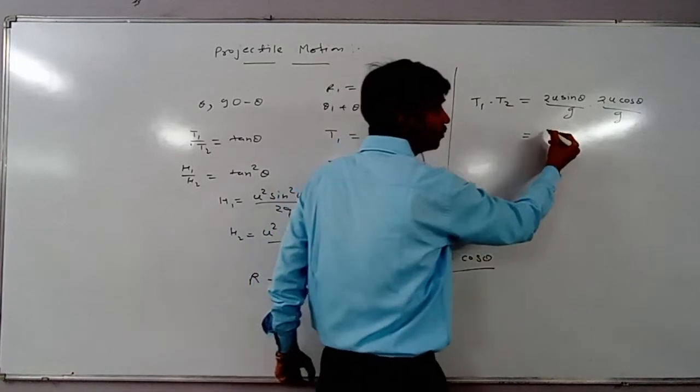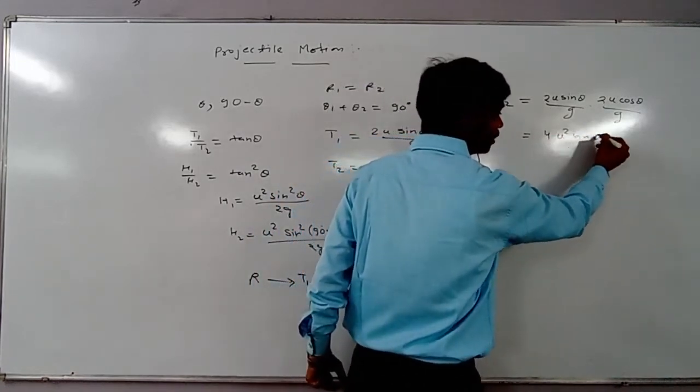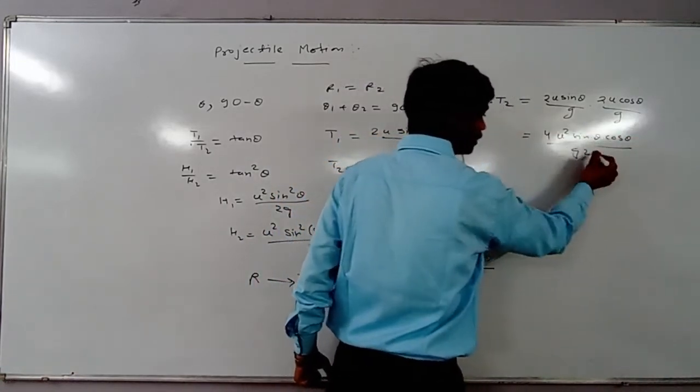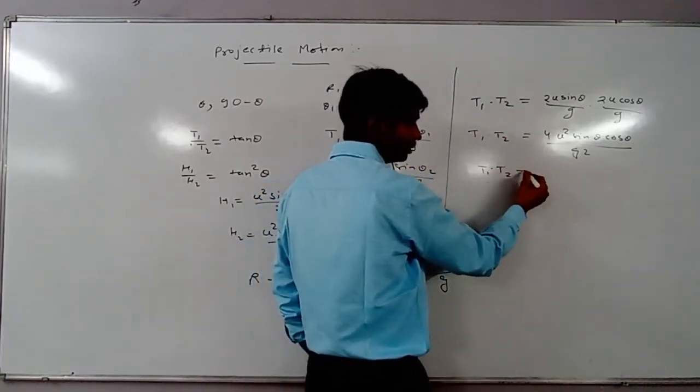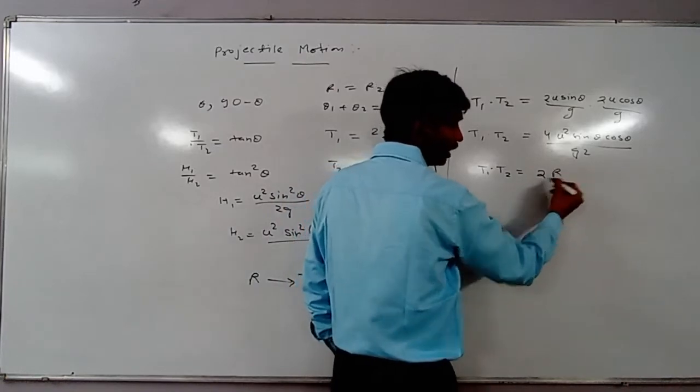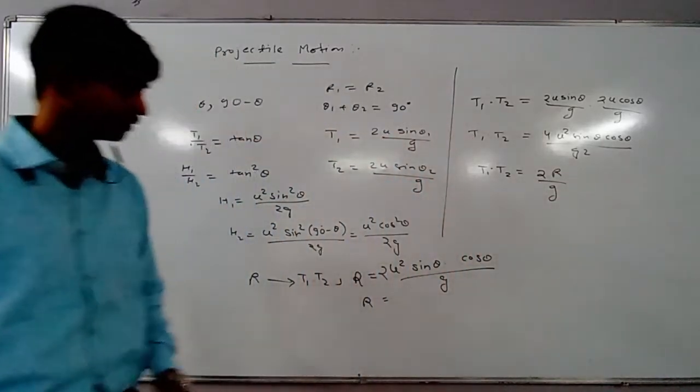So 4u square sin theta cos theta divided by g square. Basically t1 into t2 is equal to 2r by g, right?